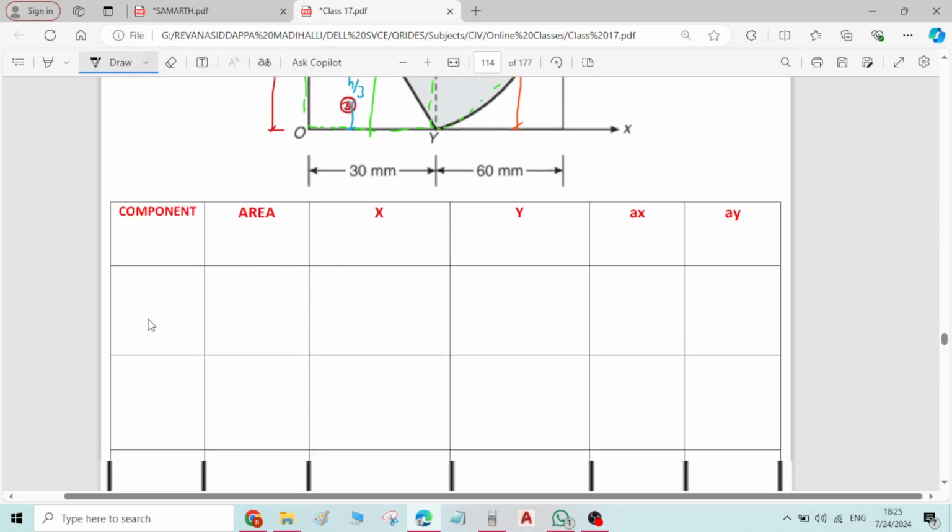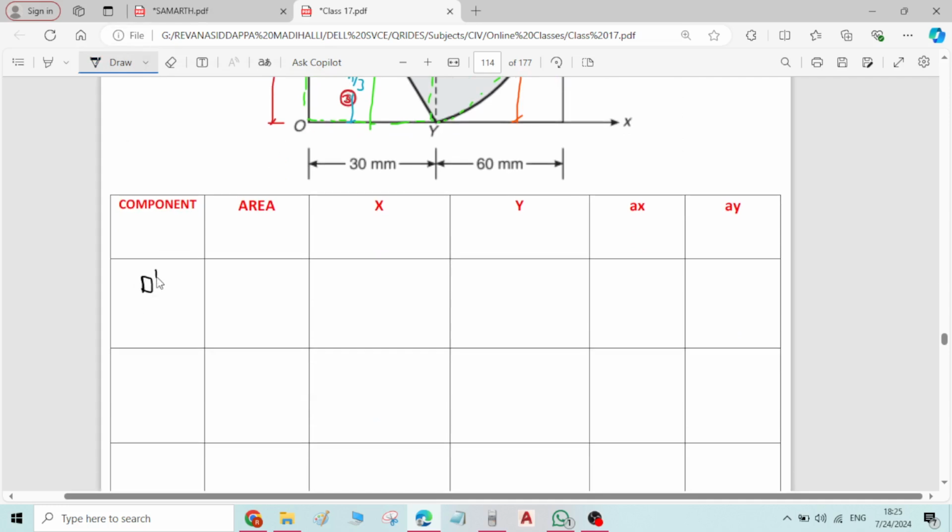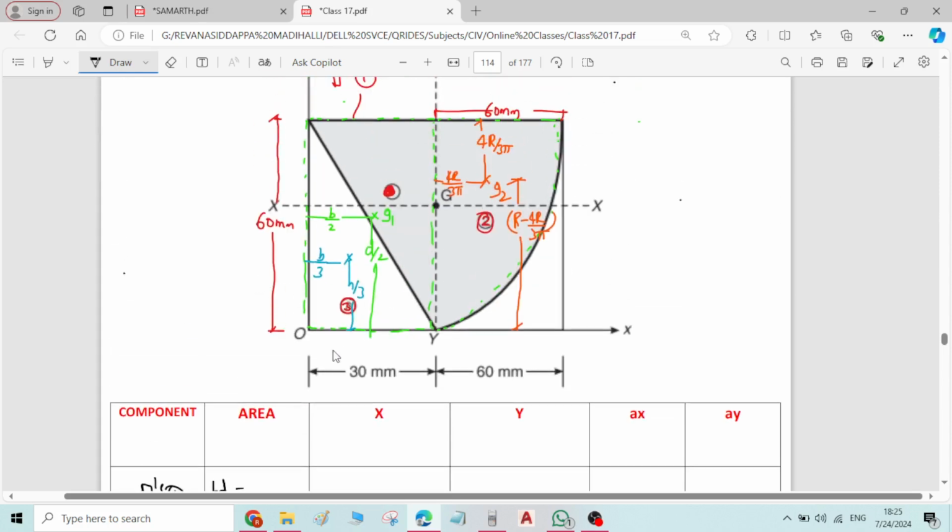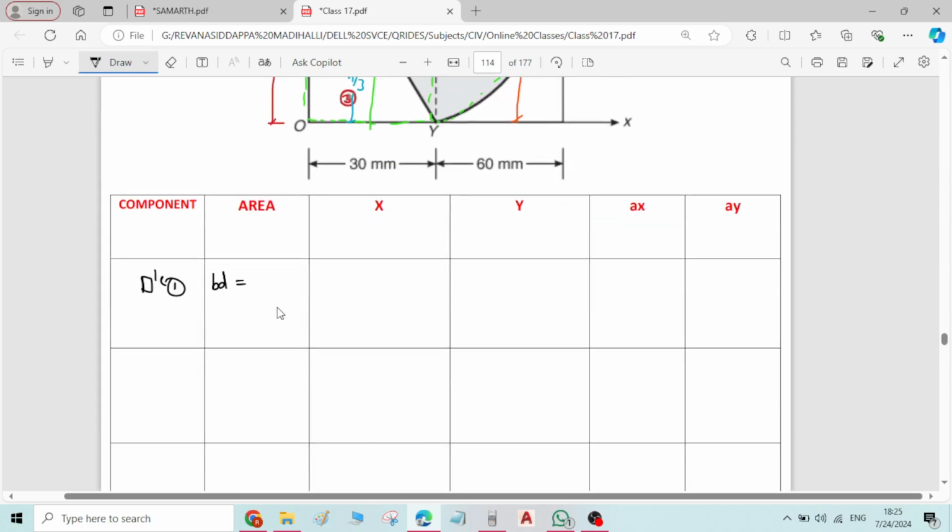Now I'll take the first component, rectangle, component number 1. Area is b into d. Width of rectangle is 30 mm. Depth is 60. 30 into 60 is 1800 mm square.